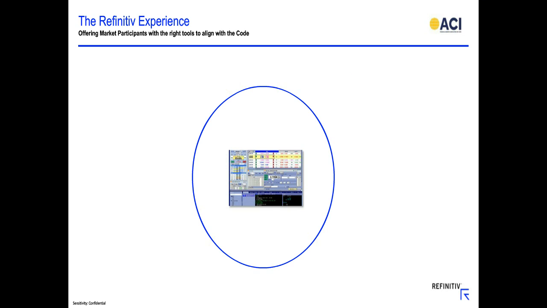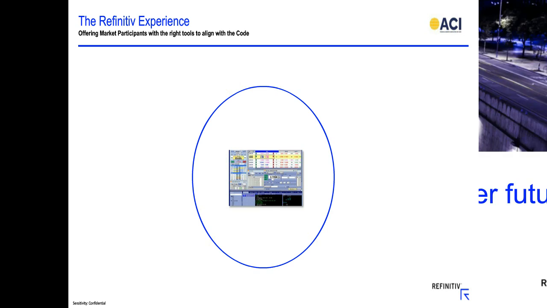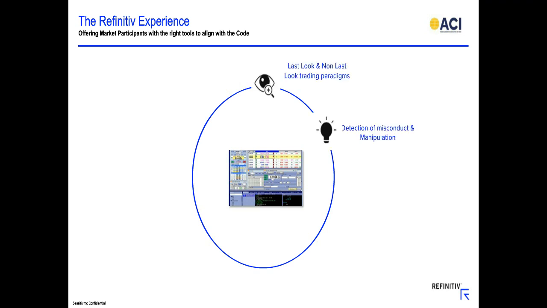We have implemented tools in our venues to detect and signal if any misconduct occurs. And also, when onboarding participants, we do our KYC checks for the venue, and we ask participants when they accept the rulebook to declare if they are aware, if they went through the FX Global Code.